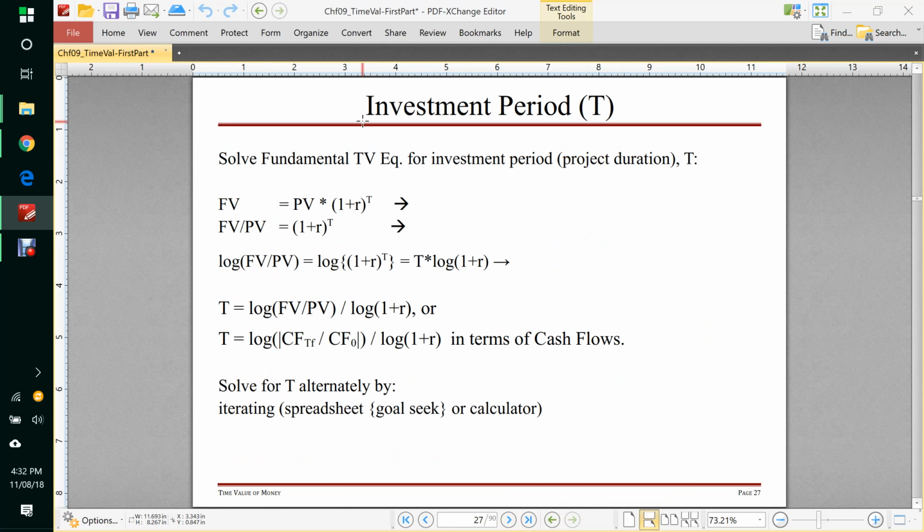Okay, so let's keep beating to death this fundamental time value formula. So what's the one thing we haven't solved for yet? That's t.